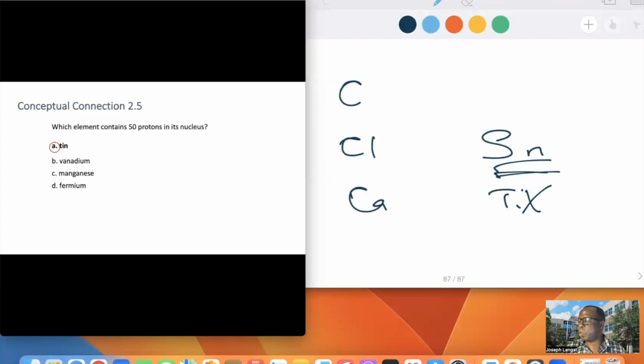For example, sodium is Na. Why not So for sodium? It's because it has a Latin name, Natrium, which is Na. Just to give you why this element has the chemical symbol Sn.